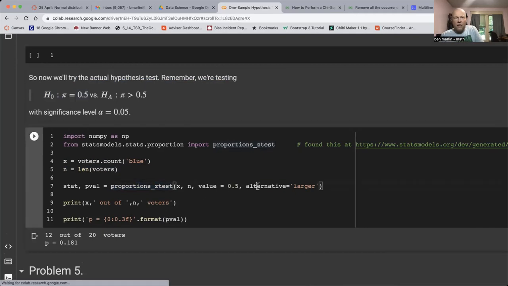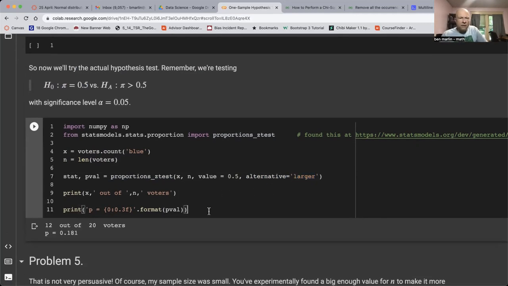And then your alternative, because we're trying to test to see if it's larger than 50%, we're going to say larger.